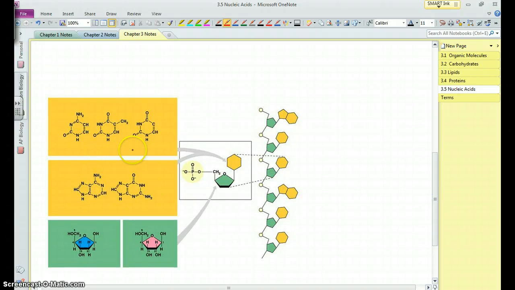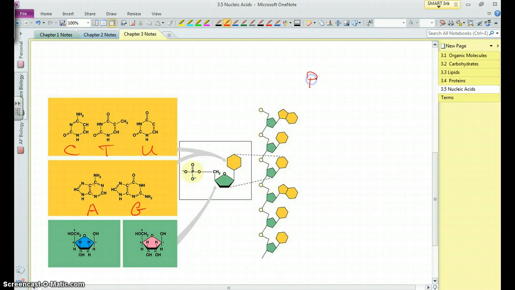Alright, so we have 5 different kinds of nitrogen bases here. We have one that's what's called cytosine, and this is on page 50 in your book. Thymine and uracil, and then we also have adenine and guanine. So notice we've got 3 that have the single ring and 2 that have a double ring.